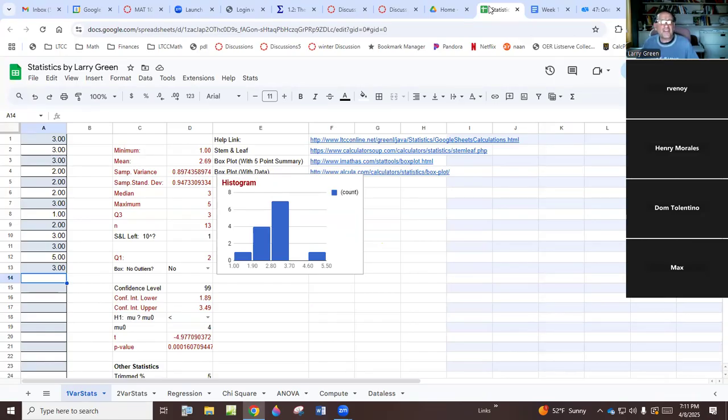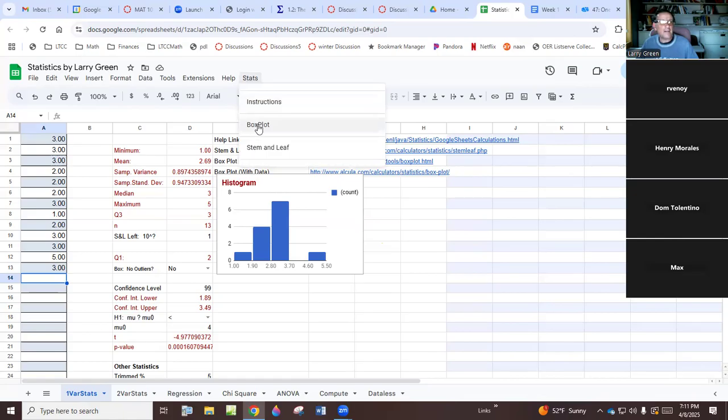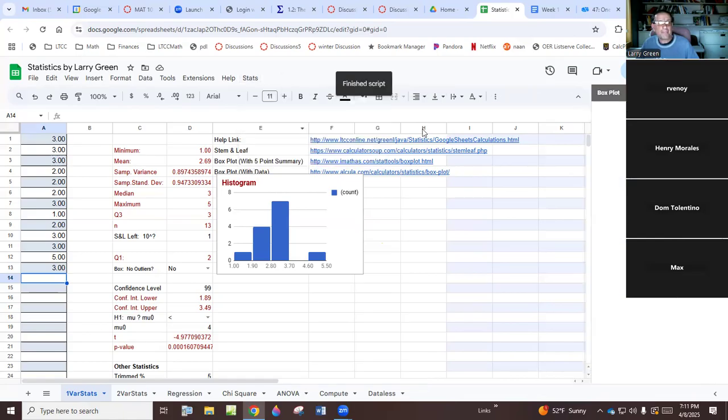Okay, let me also give you, if we go up to stats, and I'm going to go to box plot. This gives what's called the 5-point summary, so it gives 5 important values for our data. Sometimes they call it box and whiskers because there's a whisker on the bottom, a whisker on the top, and a box in the middle.